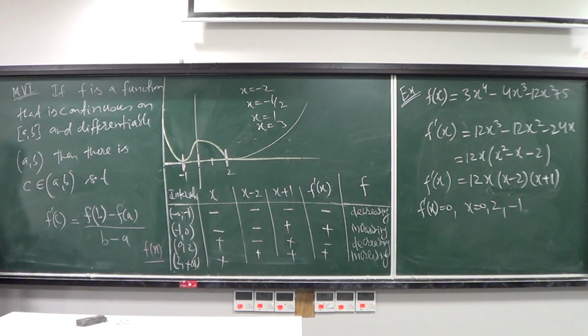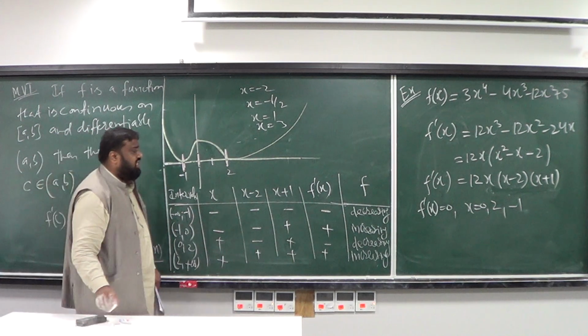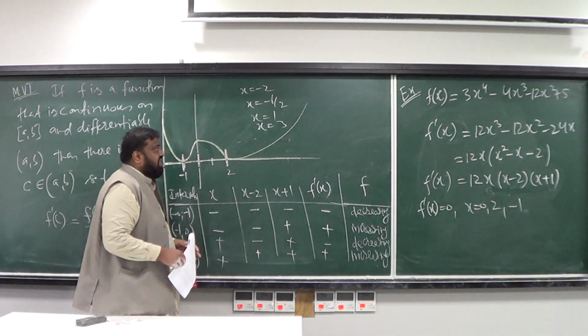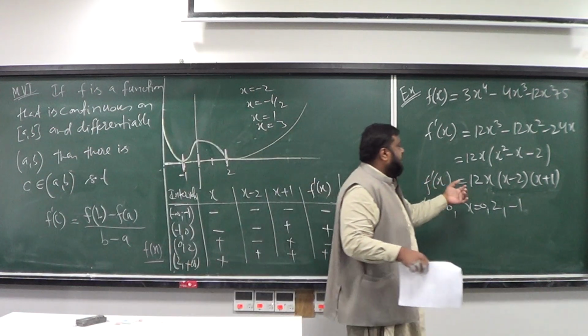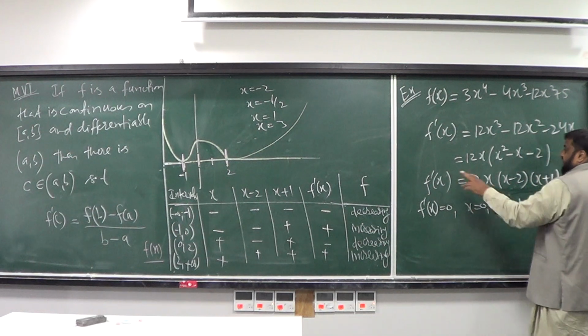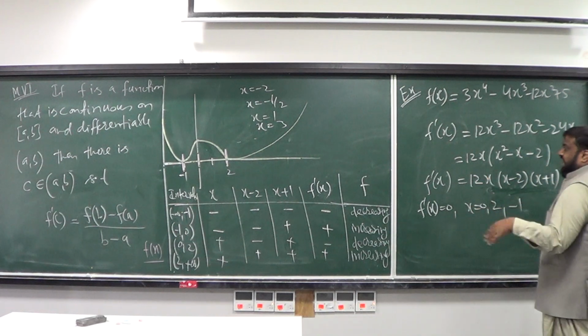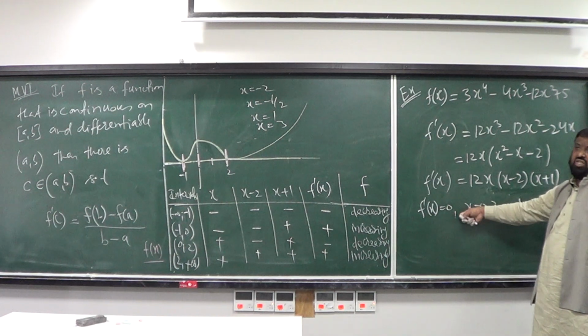So, if you want to know when a function is increasing and when a function is decreasing, especially for polynomials, factorize it and see what the factors are in the different intervals. And to determine those intervals, see where f prime of x is 0.